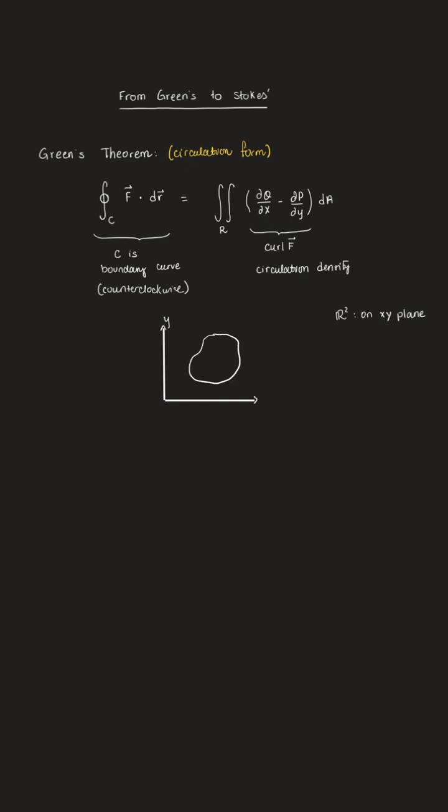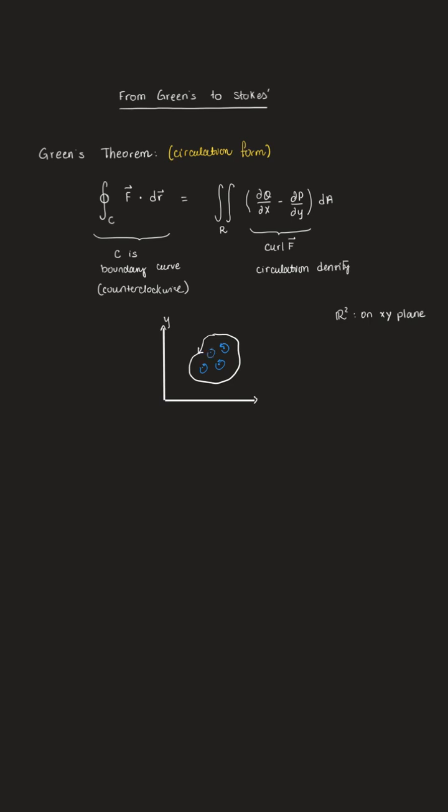First, the reason the curve is oriented positively is because we calculate the localized swirling in the counterclockwise direction. So we want the curve to point in the same direction as the curl that we add up on the inside.